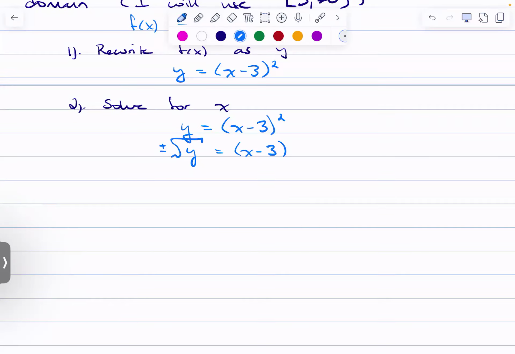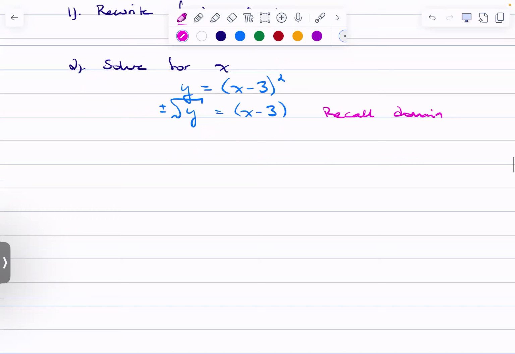Okay. And so here, recall the domain is from 3 to infinity. So if I have x equals 3, 3 minus 3 is 0. Okay, so that's positive. What if I move up one? 4, moving my way to infinity nice and slowly here. 4 minus 3 is 1, positive.